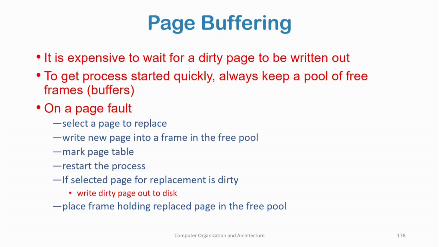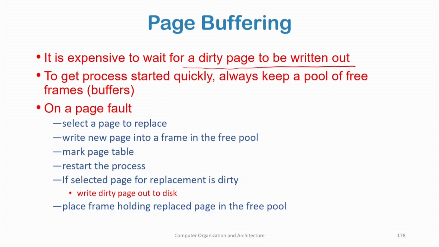Now, we will go into another concept called page buffering. It is expensive to wait for a dirty page to be written out. Let us say during a replacement I have to replace a dirty page. Instead, to get this process quickly started, we can always keep a pool of free frames.